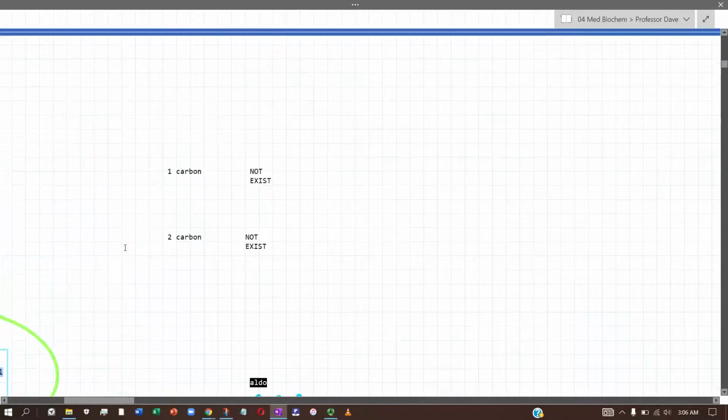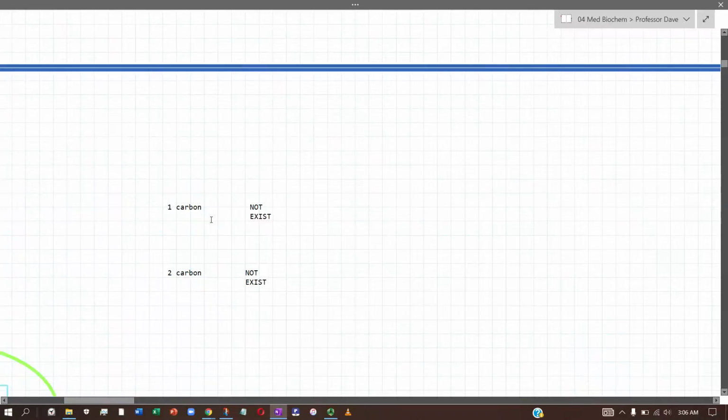So let's consider the number of carbons that a carbohydrate can have. When it comes to one carbon, it doesn't exist. There are no sugars, no saccharides with a single carbon.